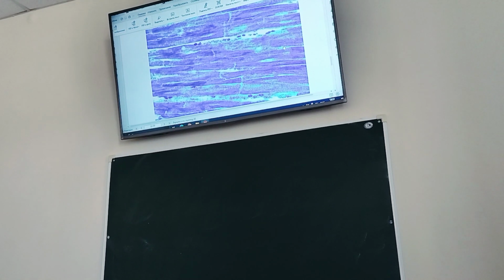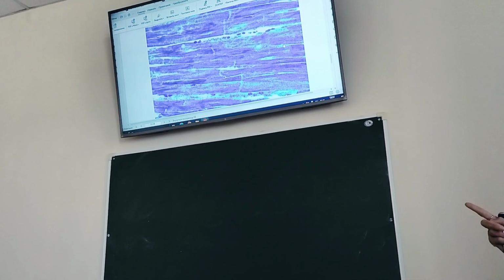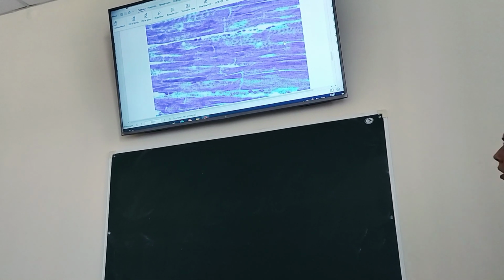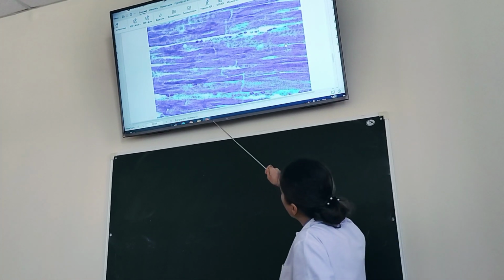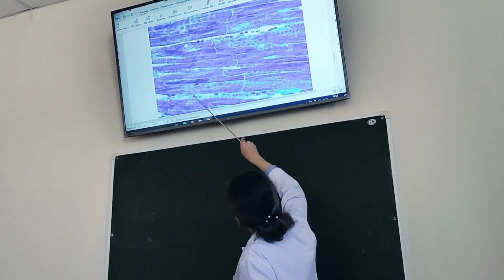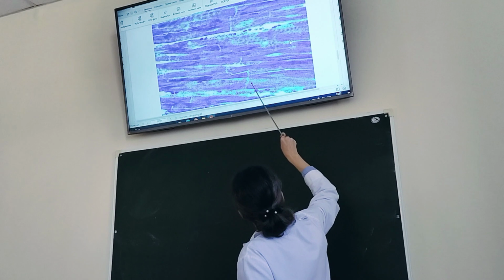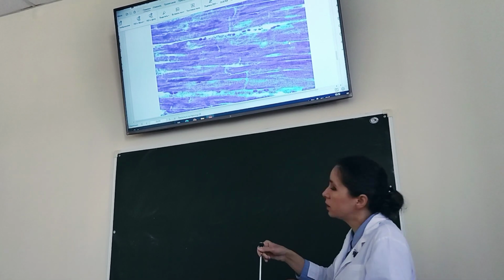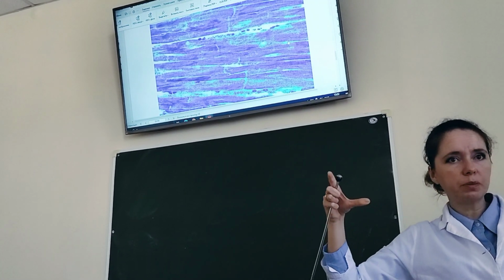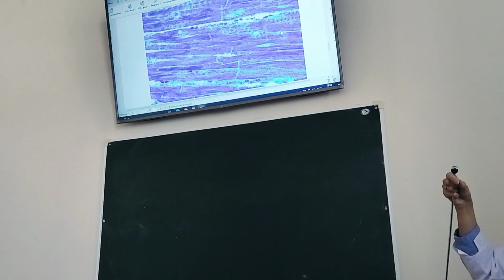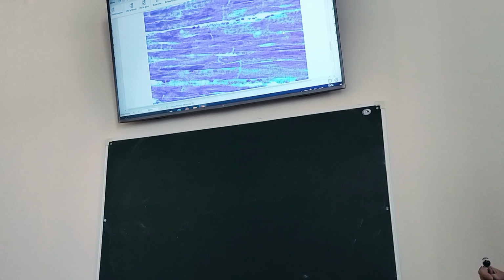Here I can clearly define a cell, the cardiac myocyte, as a structural and functional unit, which spans from one intercalated disc to another intercalated disc. These cells are also elongated, prismatic, but mononucleated, sometimes binucleated.